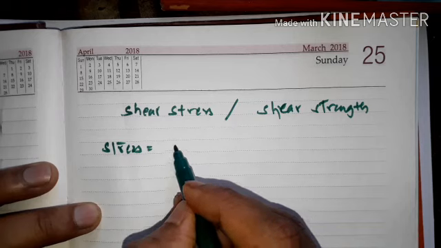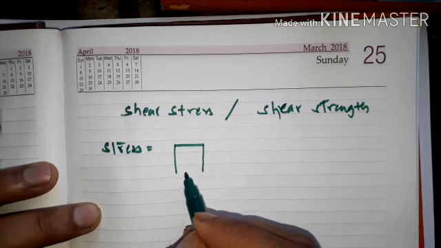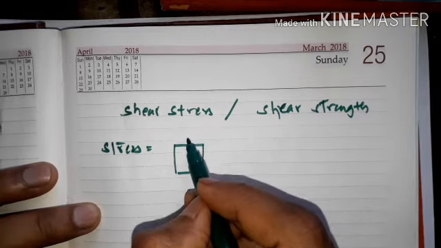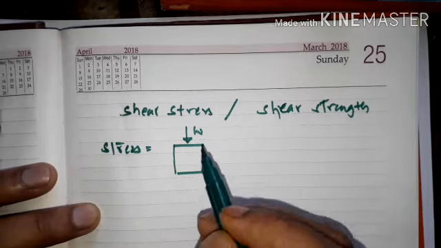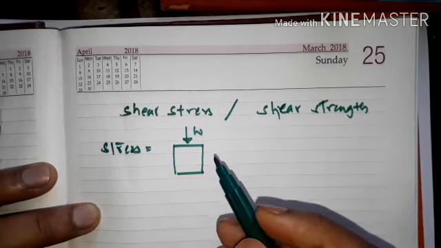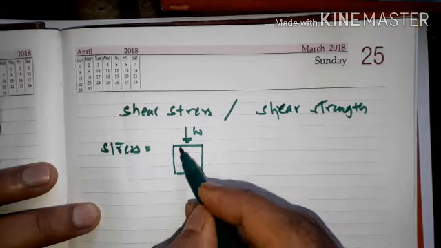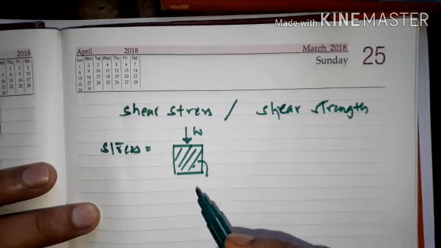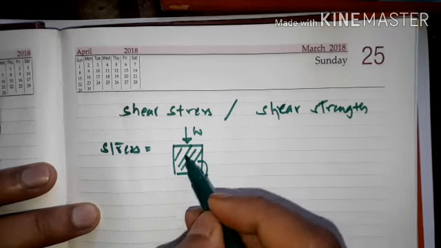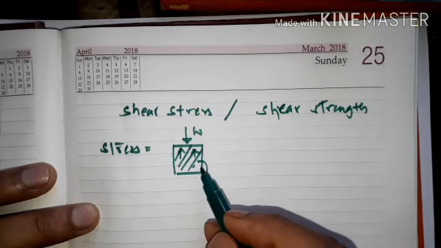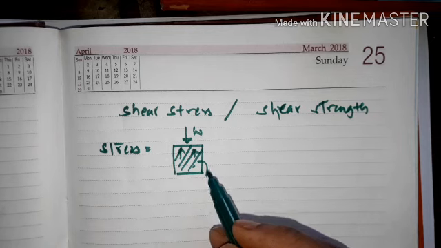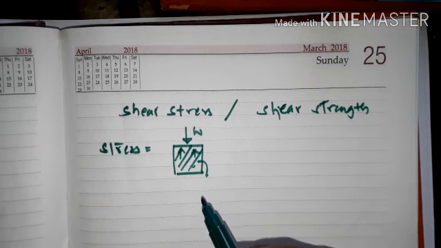Suppose we have a section or a body which is subjected to an external force, W, and the tendency of the material or the section is to resist that force in the opposite direction.